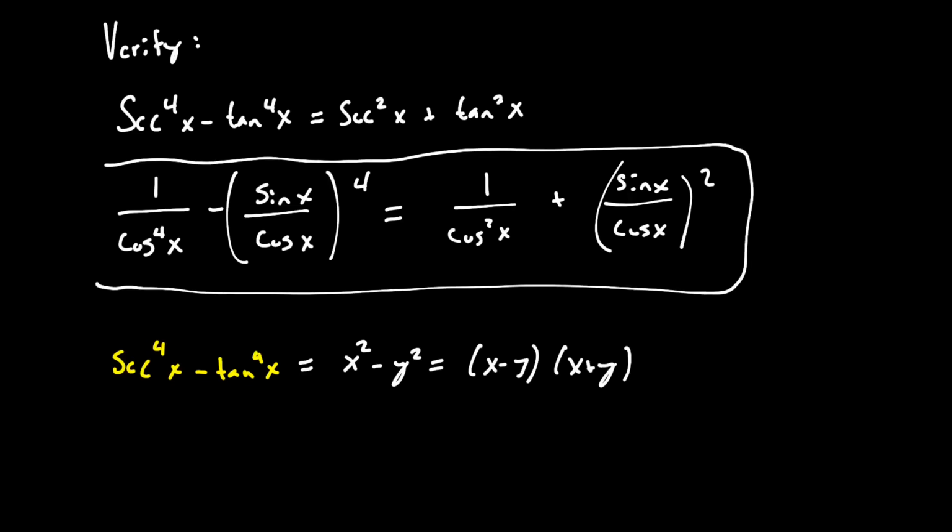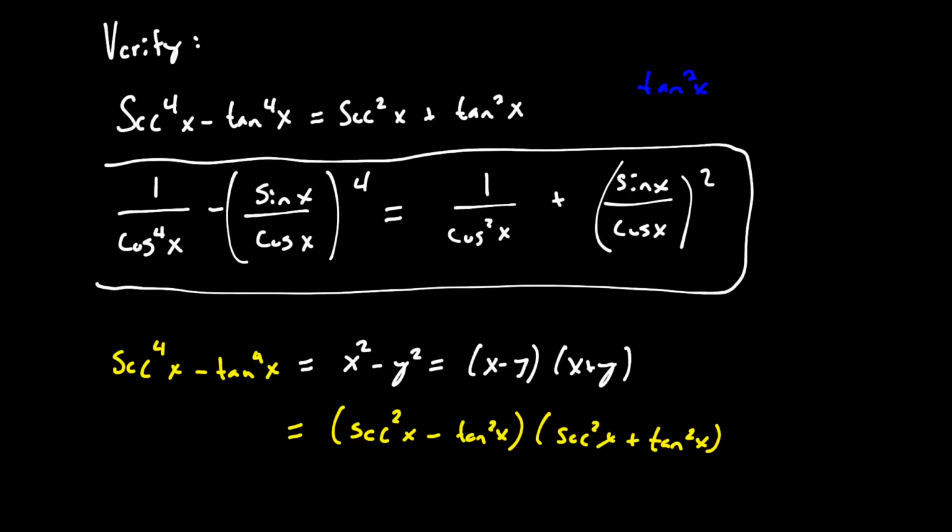That means secant to the fourth x minus tan raised to the fourth x can be rewritten as secant squared x minus tan squared x times secant squared x plus tan squared x. Now, go ahead and recall that tan squared x plus 1 is equal to secant squared x.